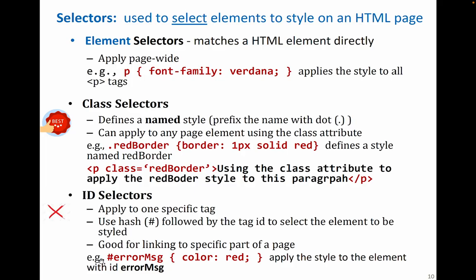So for that one we define it with a hashtag, and then we write an ID that we use in one of the tags, and then we define our style.